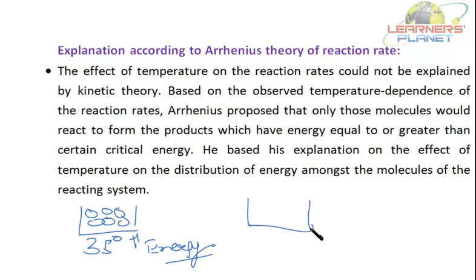The temperature of the reacting system increases, that is, it goes to 45 degrees centigrade. But is it that every molecule will get similar energy? Is it that there is a uniform distribution of energy in the molecules? It is not so. Few molecules will get more energy and few will get less. So Arrhenius proposed that only those molecules will lead to the formation of products which have energy equal to or greater than the threshold energy or the critical energy.